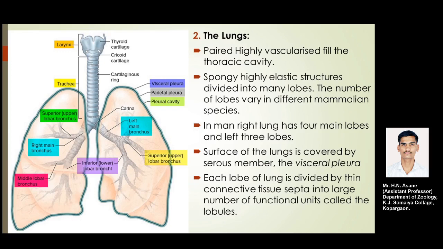The middle lobar bronchus supplies the right lung, and the superior upper lobar bronchus supplies the upper part of the right lung.